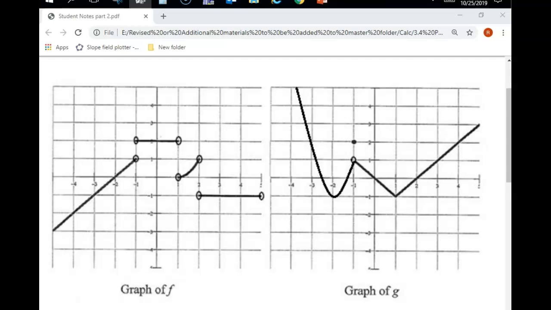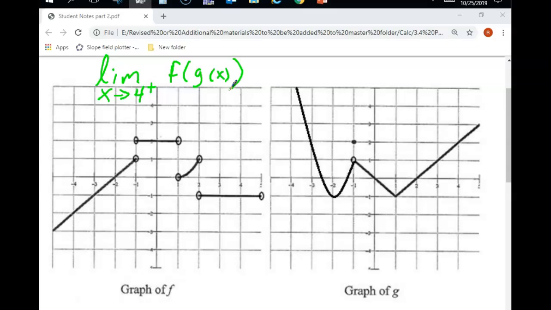So let's take a look at our last set. Number 1. The limit as x approaches 4 from the right of f of g of x.